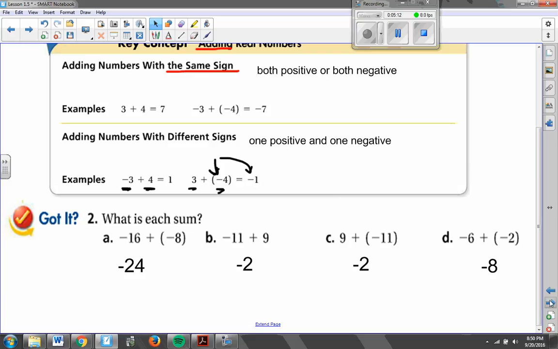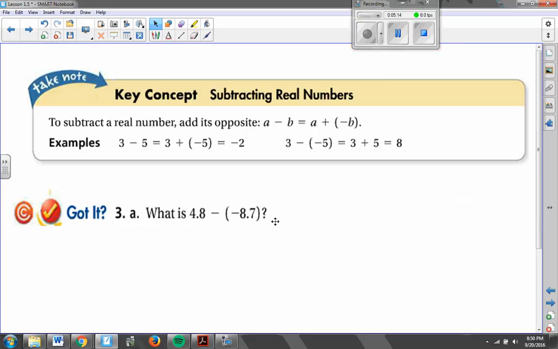Now, one more thing I'm also going to ask you to do in your practice problems is to subtract two numbers. Subtracting two numbers is really like adding the opposite of that number. So let's say I have 3 take away 5. Well, 3 minus 5 is really like 3 plus the opposite of 5, which is a negative 5.